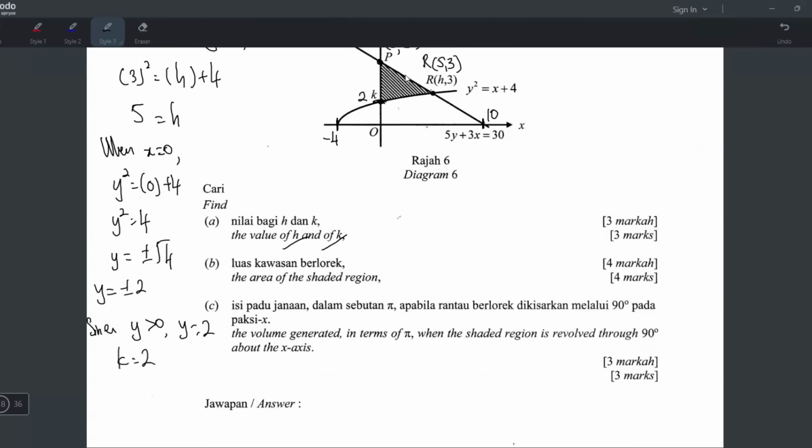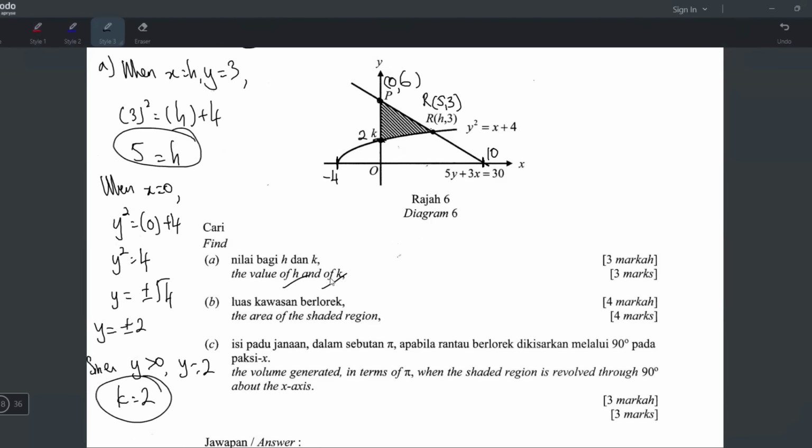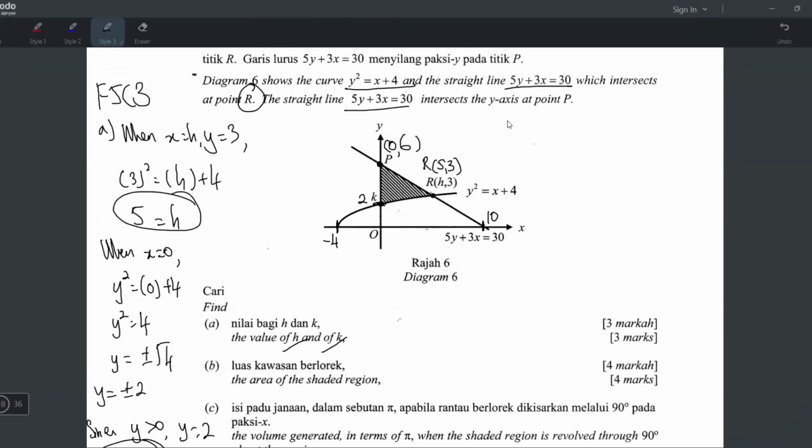Actually, we know the answer already from the beginning because I found it just now. But I need to show them the working also, how I get the answer. Okay, so this is my H and this is my K. The question asks for H, K. Okay, after getting that, now we can do B, area of shaded region. Okay, when we are doing the integration question and we are finding area, we will always ask ourselves the two questions.